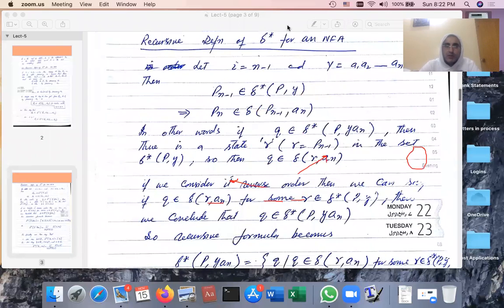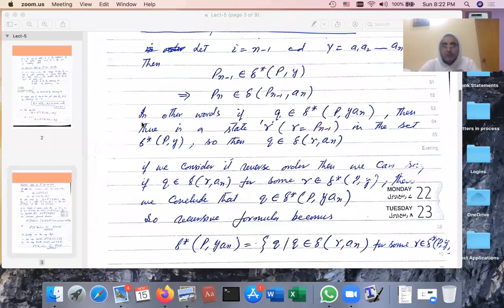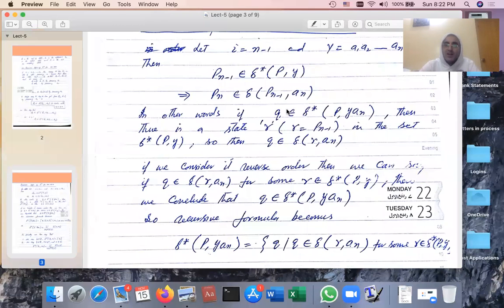I can clear the drawings. Now we have to rephrase our story. In other words, if q is what? q is a state.